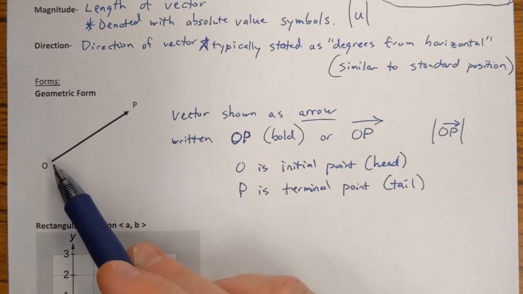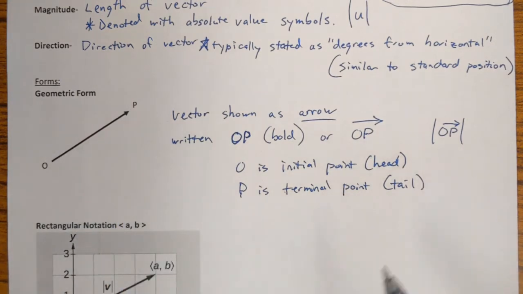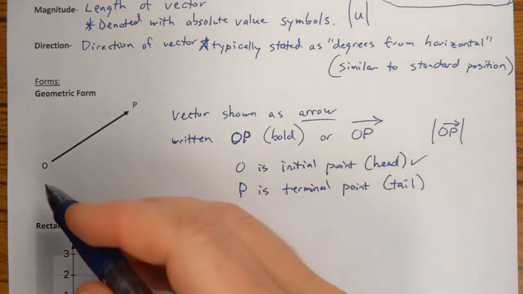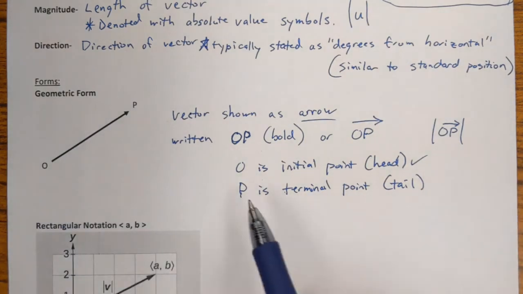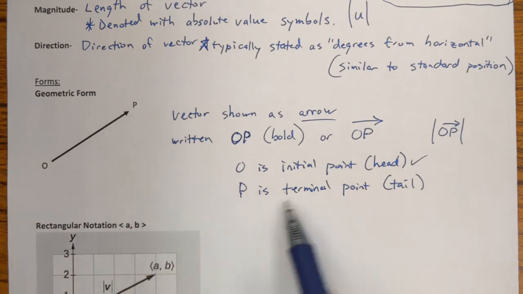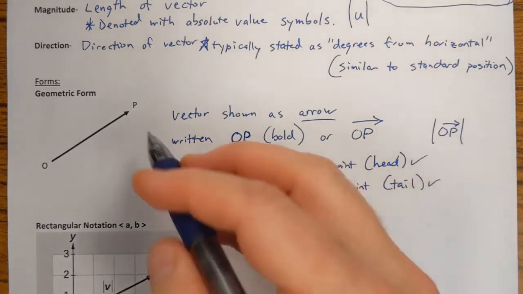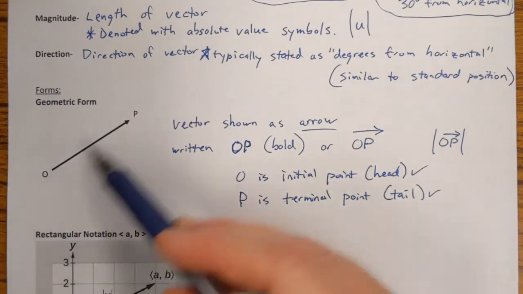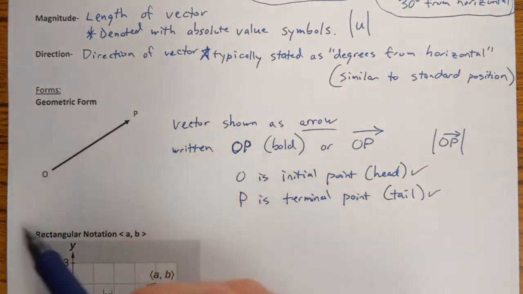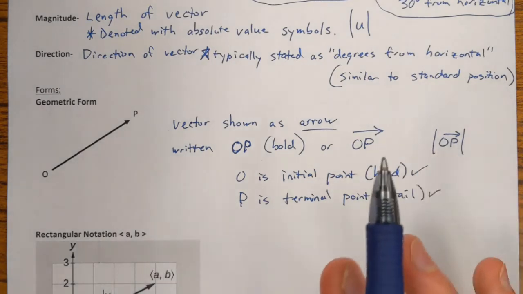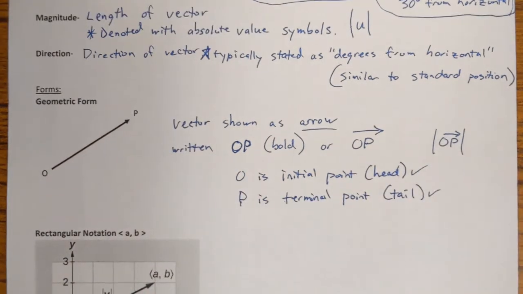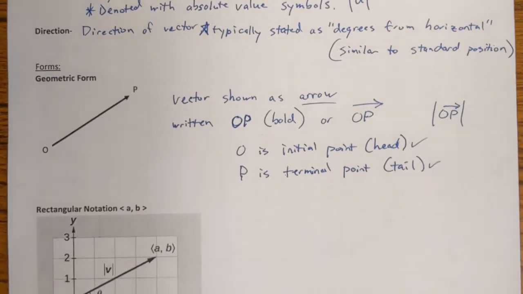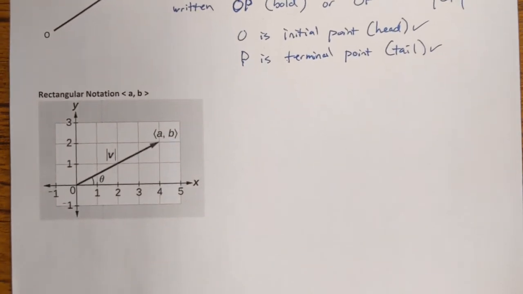The O is known as the initial point of the vector, but it's also known as the head. O would be called the head of the vector, whereas P, the side that has the terminal point or the arrow, is called the tail of the vector. So this is one way to draw a vector, just out in open space, not on any grid or any graph. Now, let's compare that to another way to write a vector.